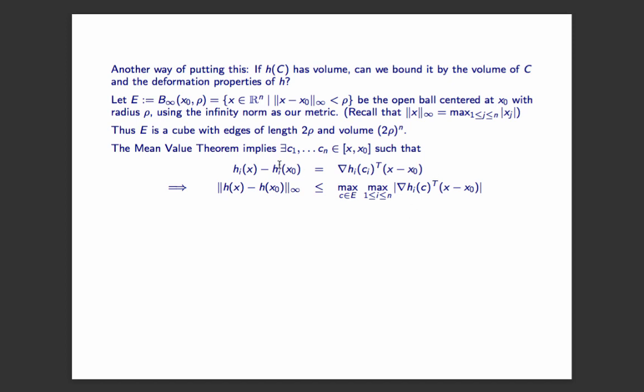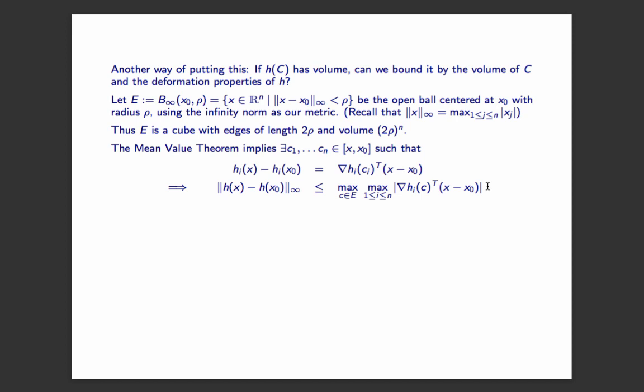Well then, if I take the max on the left and right of the absolute value, on the left I'll get the infinity norm, and on the right, I can bound it by the max over all i, and the max over any possible evaluation of the gradient.